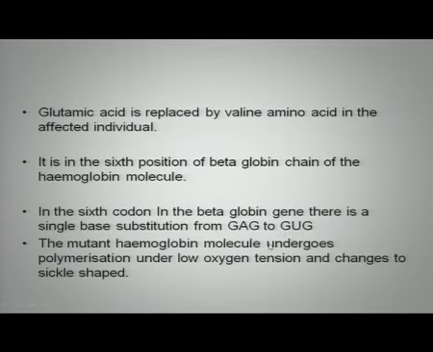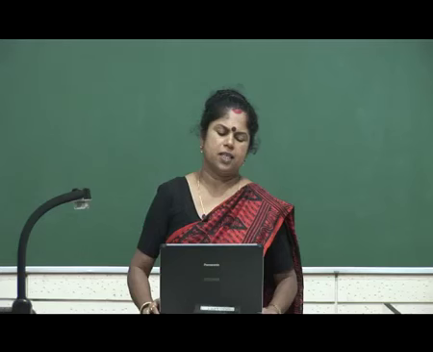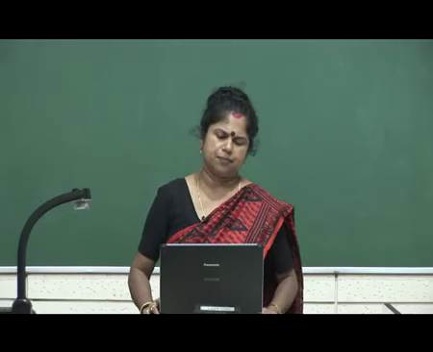The mutant hemoglobin molecule undergoes polymerization under low oxygen tension and changes its shape into sickle shaped. That results in the production of sickle shaped RBC.